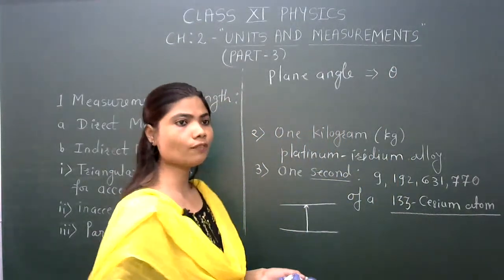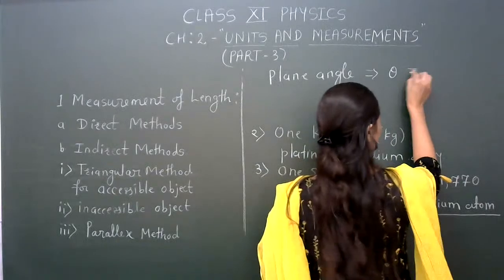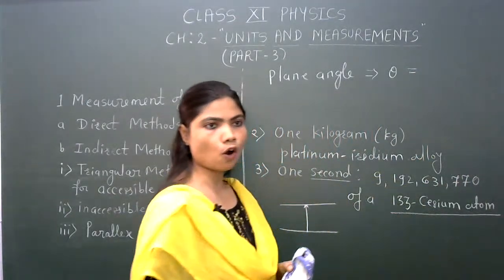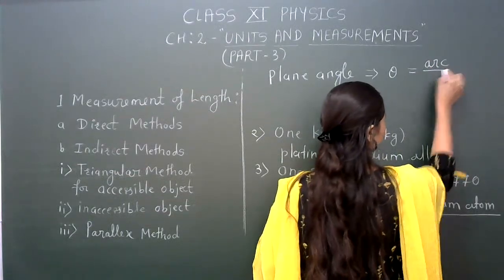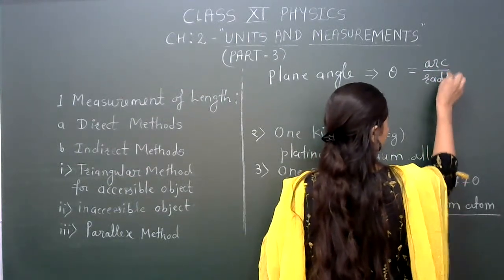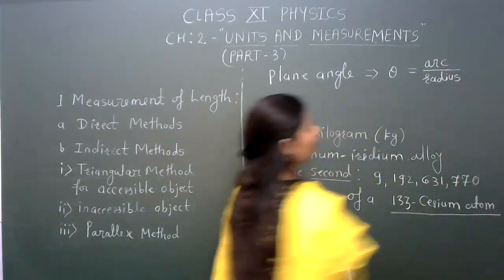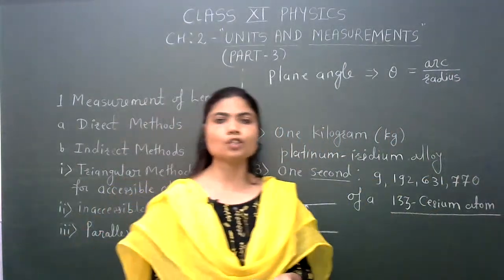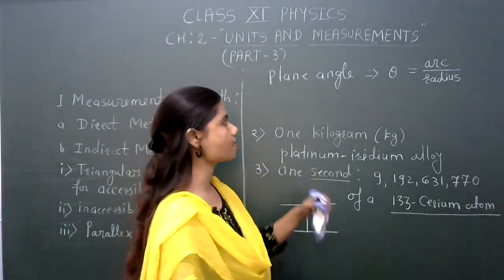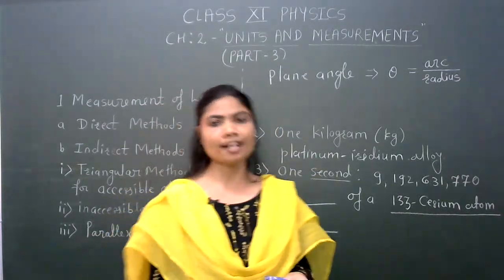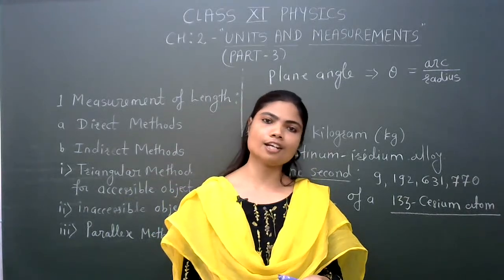The definition of this plane angle is the ratio of the length of the arc upon the radius. Definition is what? The ratio of the length of the arc upon the radius. And its unit will be radian, written as rad.